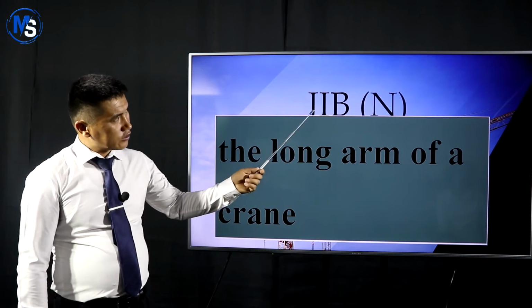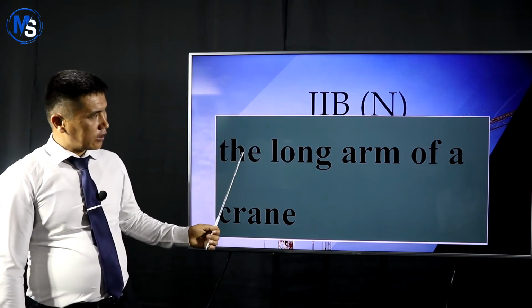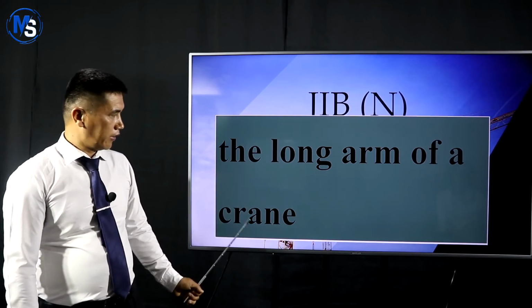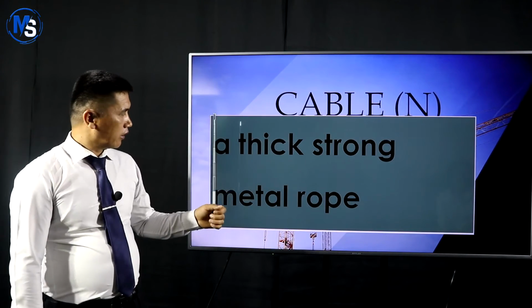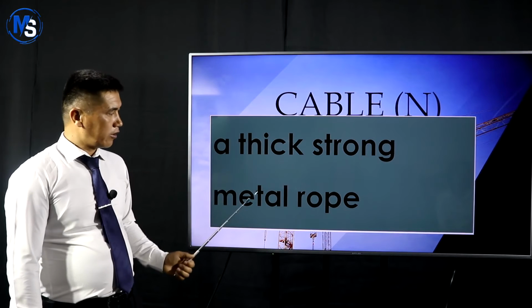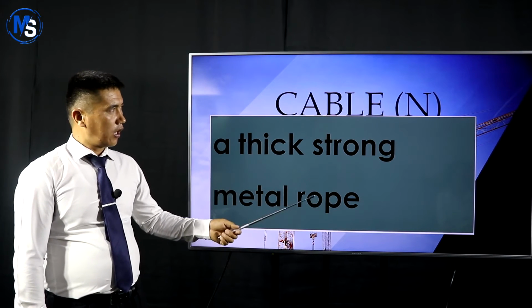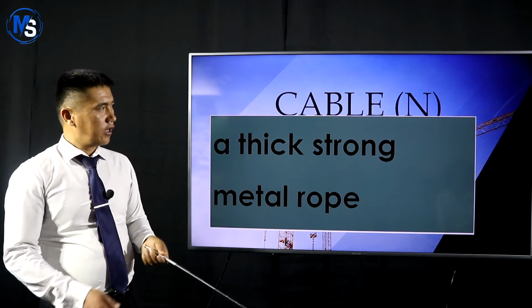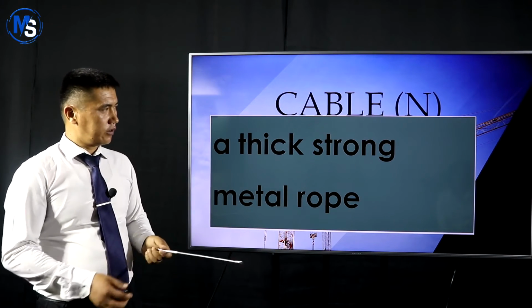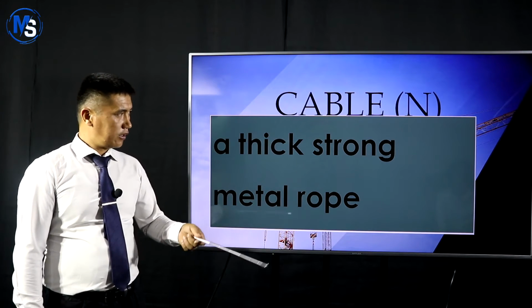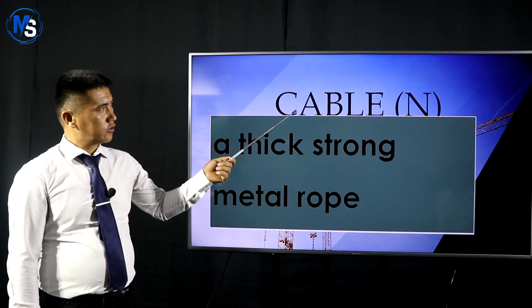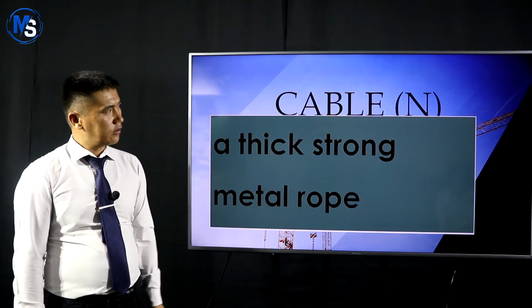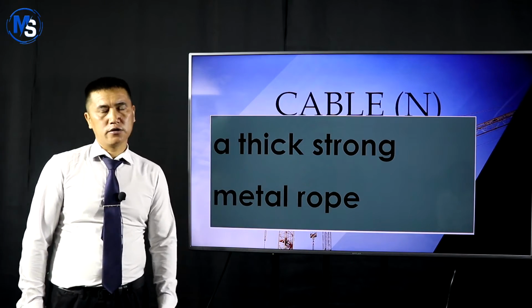And the next word is jib. It's a noun, the long arm of a crane. Cable: a thick, strong metal rope, which is used for loading big objects and crane objects. So that is an important and essential word for the crane parts.